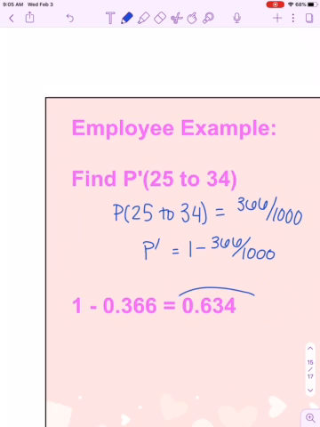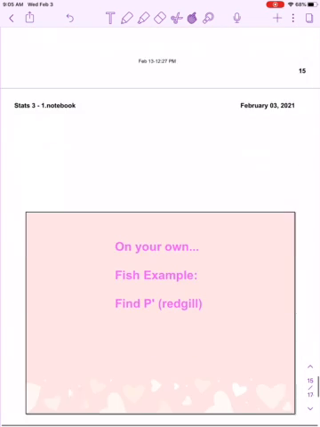So 1 minus 0.366 is 0.634. Okay. You also could have added up all of them, or taken 1,000 and subtracted 366, and gotten 634. There's a lot of different ways to do it. It's just the probability of not doing something, so it's everything but that.